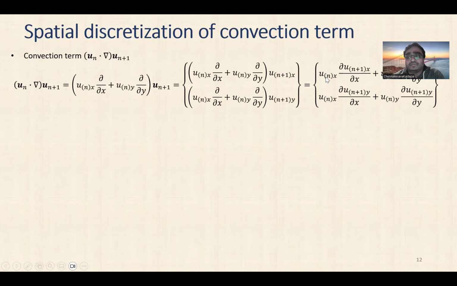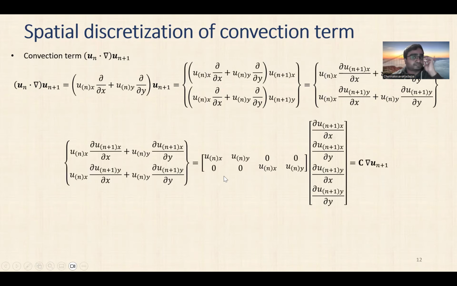So un we know; we can calculate it at this draw point, and un plus 1 we don't know, so we discretize it. We rewrite this expression in this fashion. This needs some practice to see how to separate the terms and rewrite it like this.